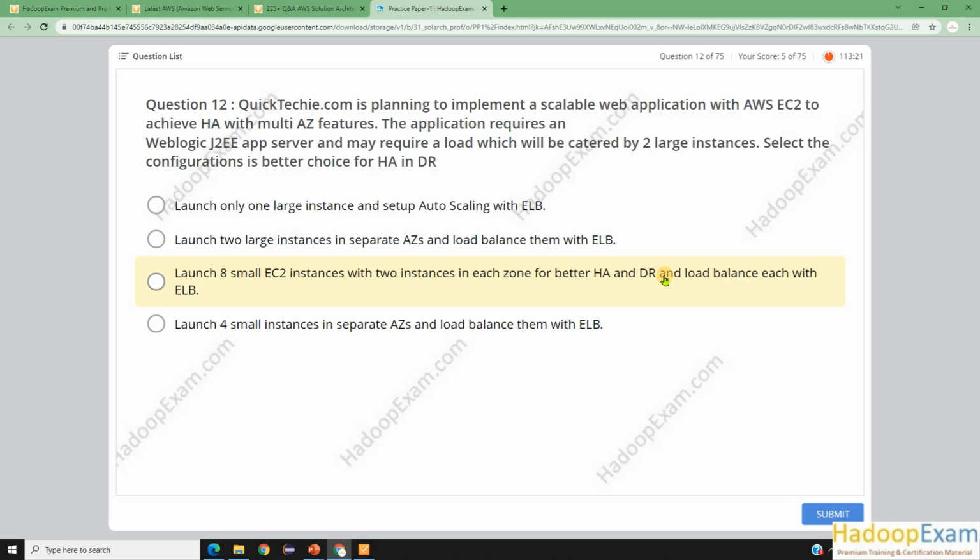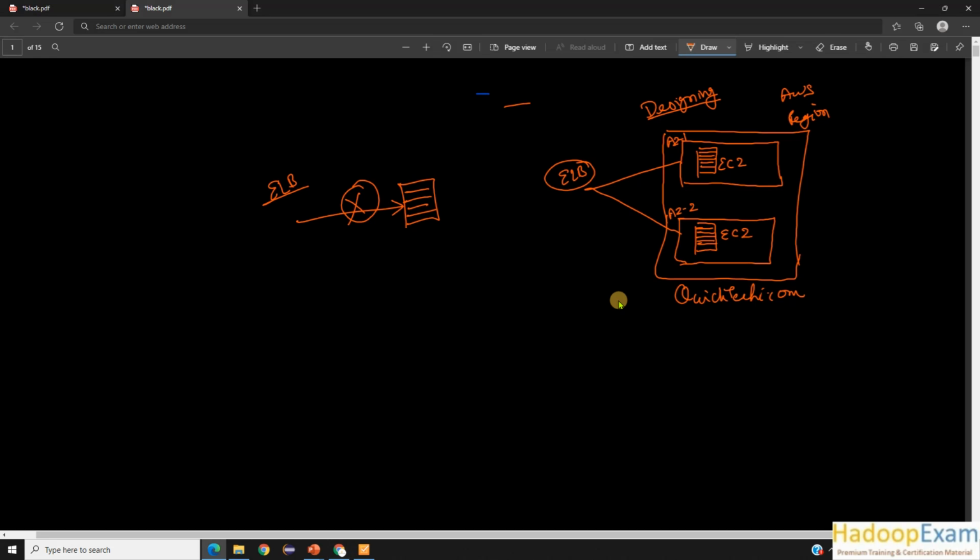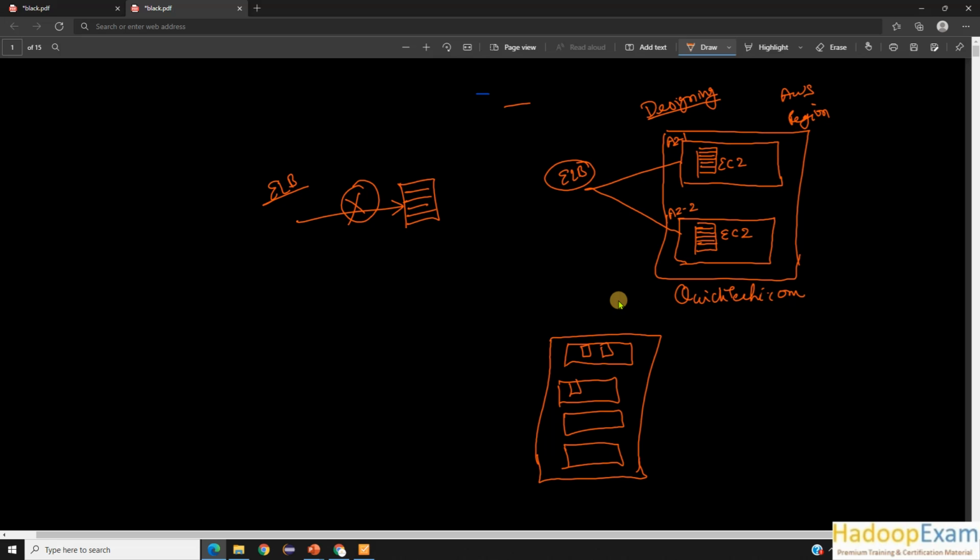The next option says launch 8 small EC2 instances with 2 instances in each zone for better availability and disaster recovery, and load balance them with ELB. So 8 instances is an altogether different architecture. They are saying use 4 availability zones and 2 instances in each, so that way you would have 8 instances.